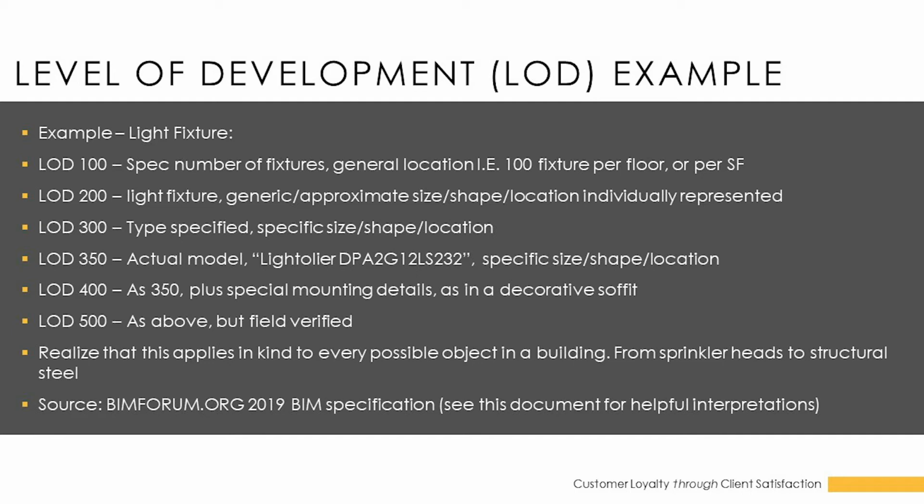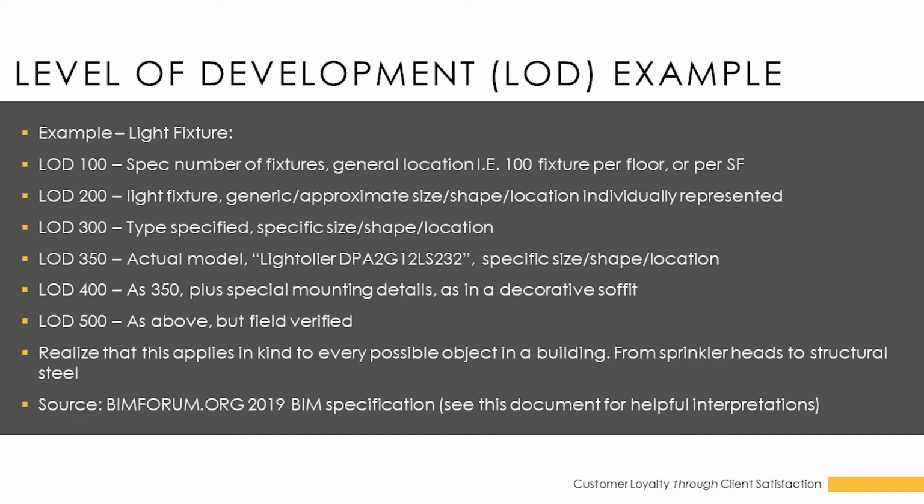LOD 500 is the same as above, but field verified. So it's entirely possible to have an overall model of LOD 300, but have certain systems within that model, for instance the HVAC or your electrical system, be at an LOD 500 level. Of course, that would have to be specified and caveated, but it's entirely possible.